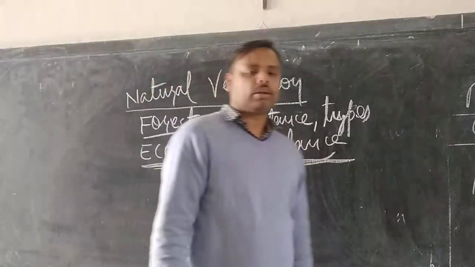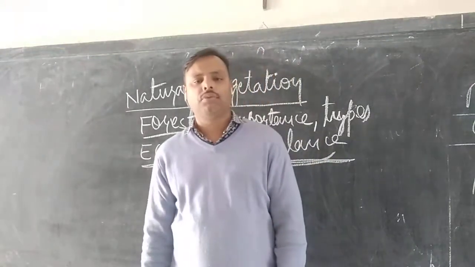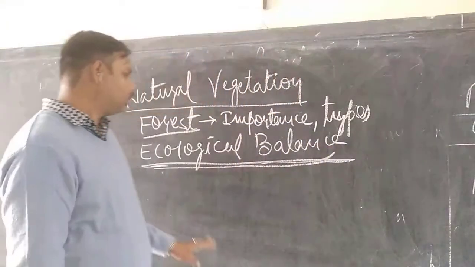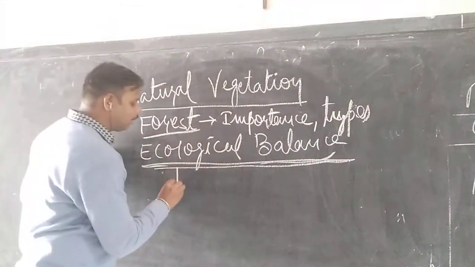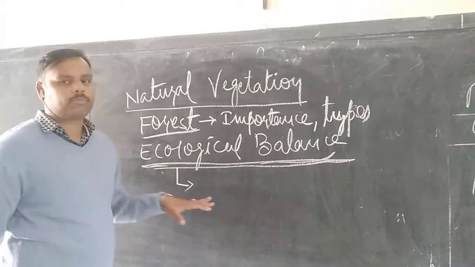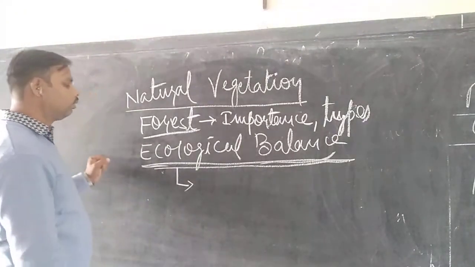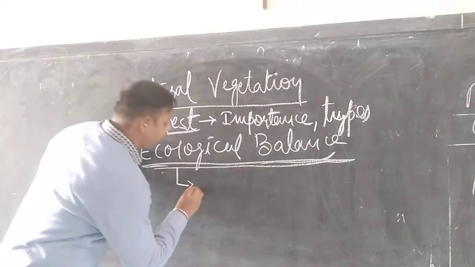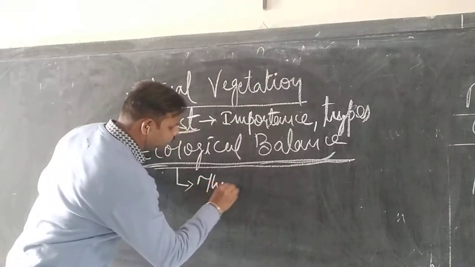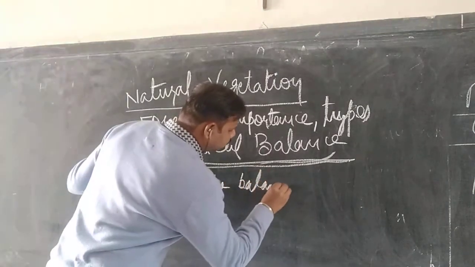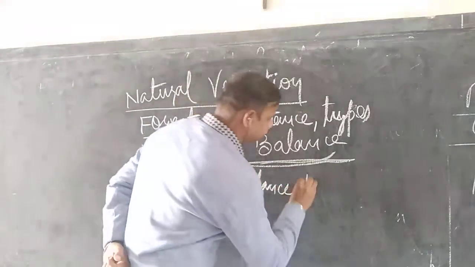Ecological balance is not a new term for you all. You have already come across this term. What is ecological balance? Ecological balance means the balance between the natural and human environment.